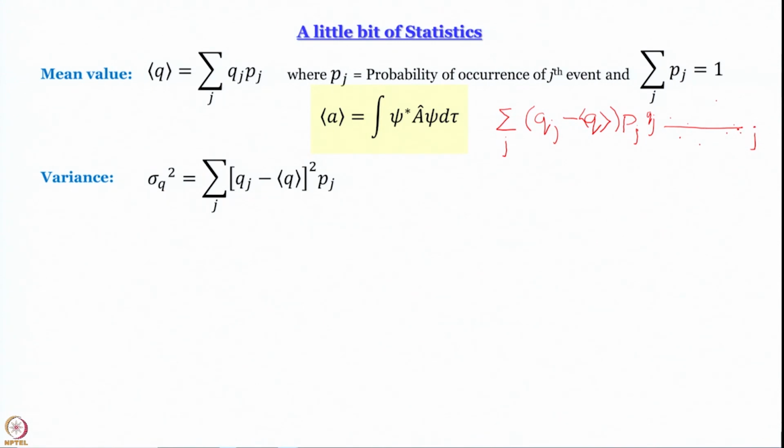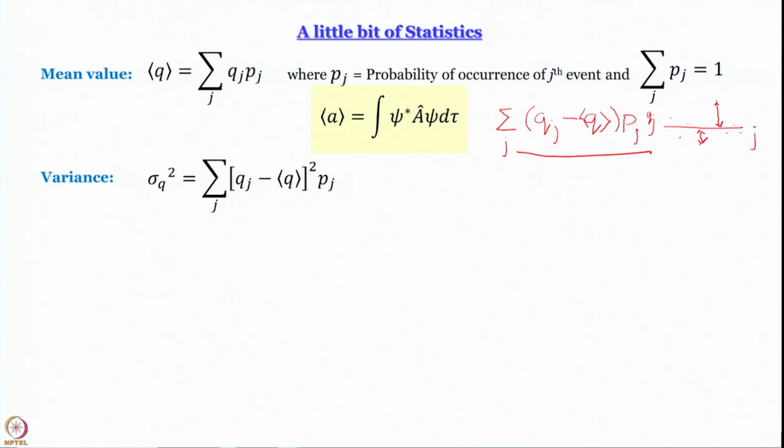For a large number of measurements, Qj minus the average value of Q for any value of j is this. So, it can be positive, it can be negative also. So, this summation we can expect is going to be 0 for a good distribution of data.